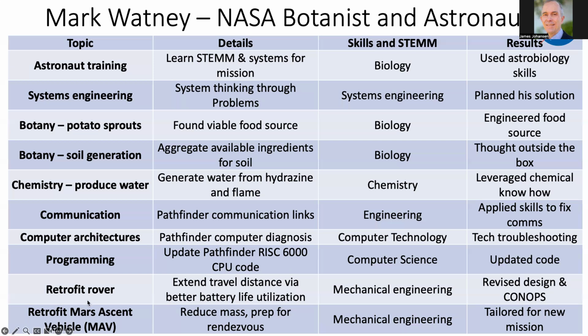There are a couple other things that I won't focus on here, other than this table. He had to be retrofitting the rover. Part of this was for the communication system, but also to get from his habitat to another place where there is a MAV, a Mars ascent vehicle, that he needed to reduce the mass of and prepare for a rendezvous with the rescue mission that is eventually showcased in the movie.